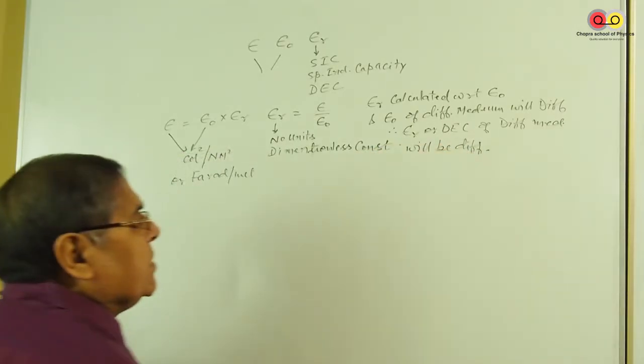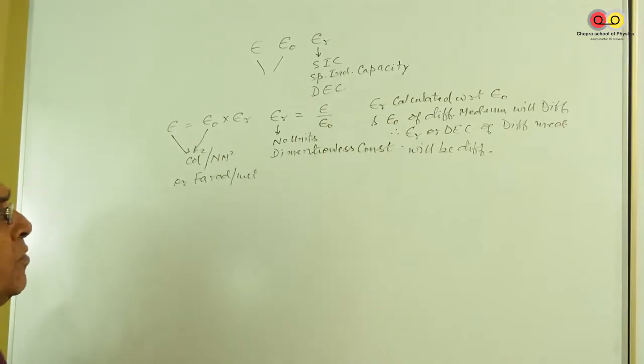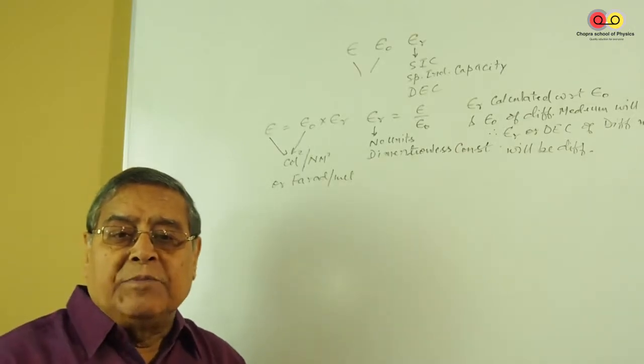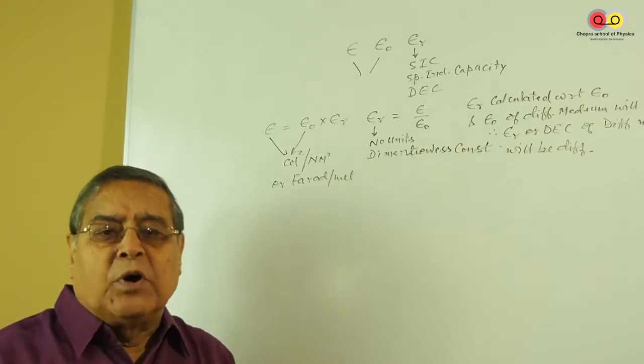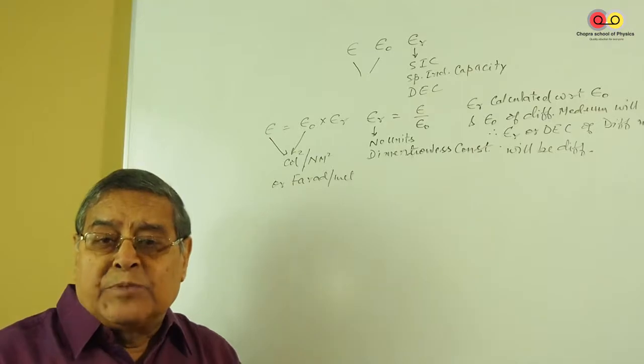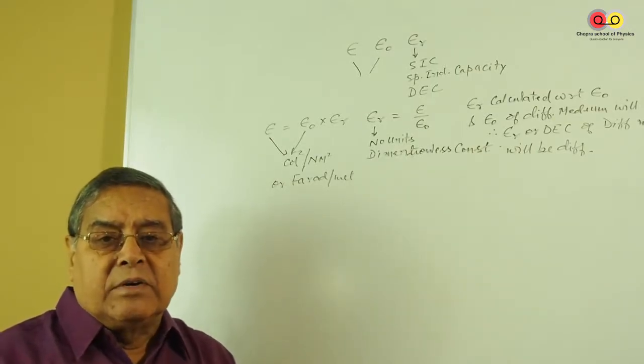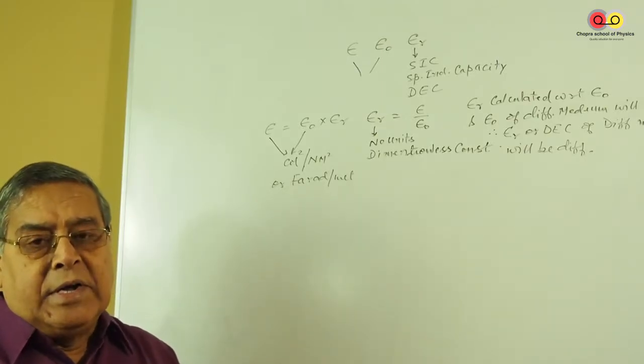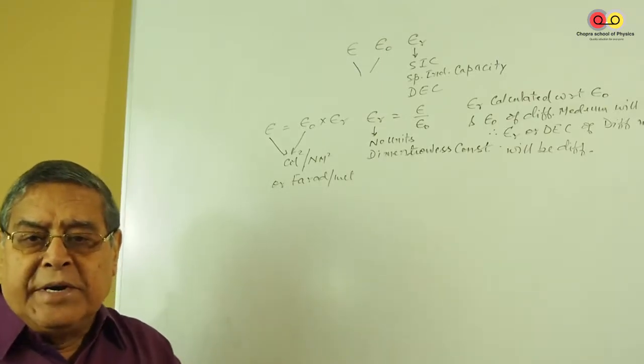We have come to the reasoning question: why do different mediums have different dielectric constants? Different mediums have different dielectric constants because their absolute permittivities are different. So the absolute permittivity of different mediums will be different. That is a characterization of the medium.